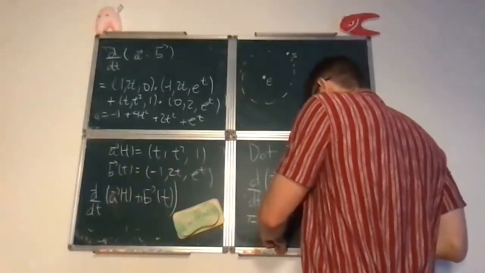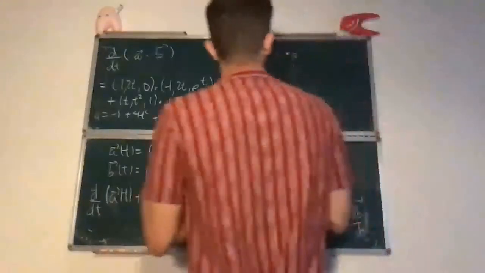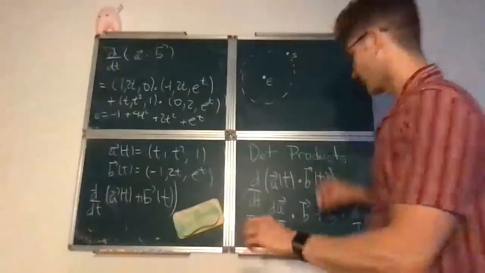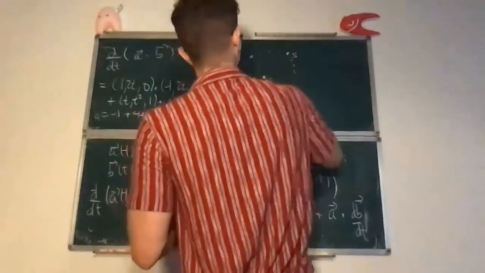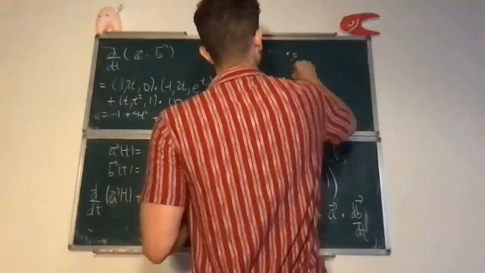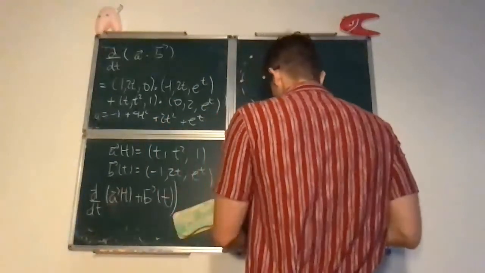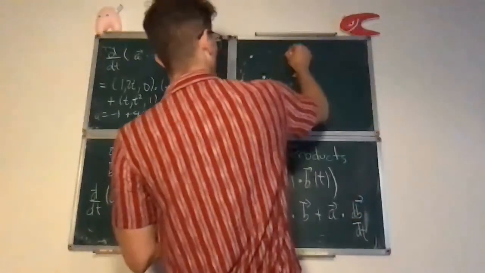And so let's suppose that, obviously, as the satellite moves around the Earth, the position vector is changing.